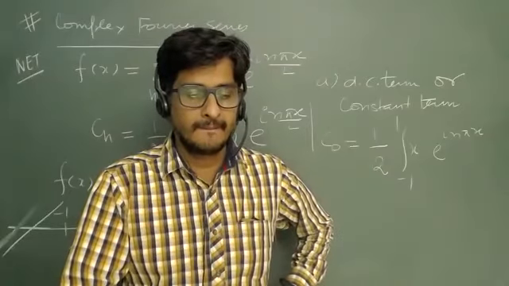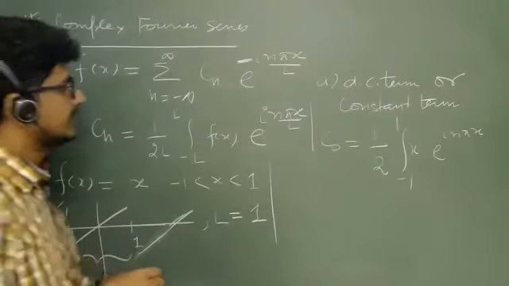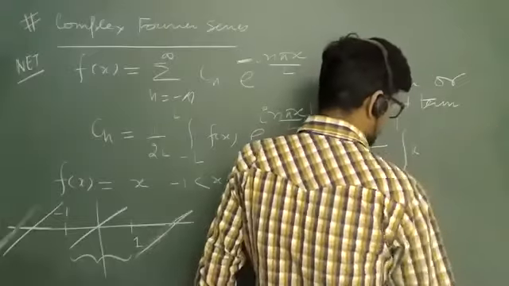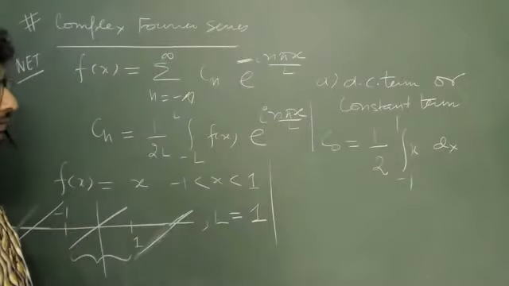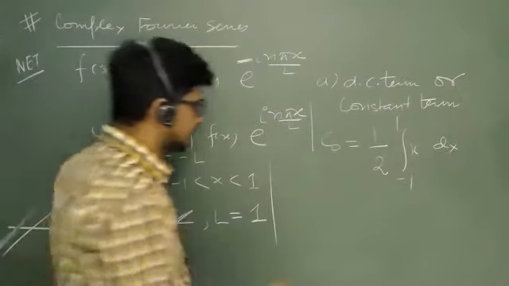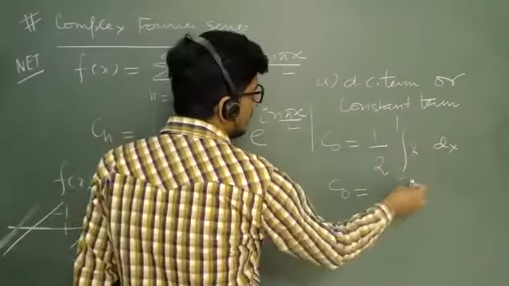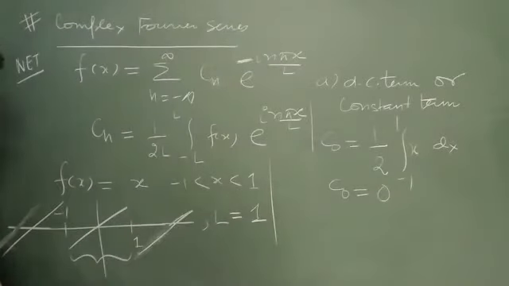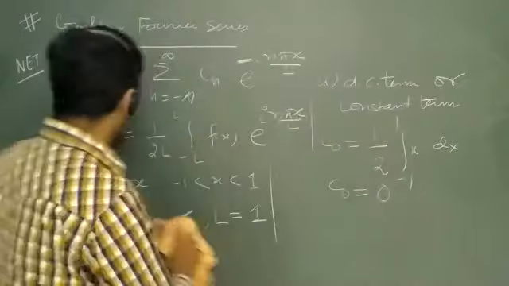N will be? Like for the C 0, sorry, I am calculating C0, so it will be just this. Right? So what will be the value of C0? This is odd function from -1 to 1. Answer is 0. Yes or no? Yeah. Odd function from -1 to 1, you know that the answer will be 0.